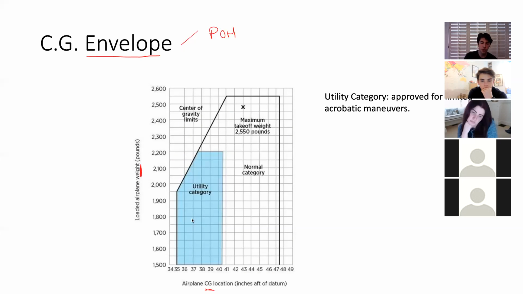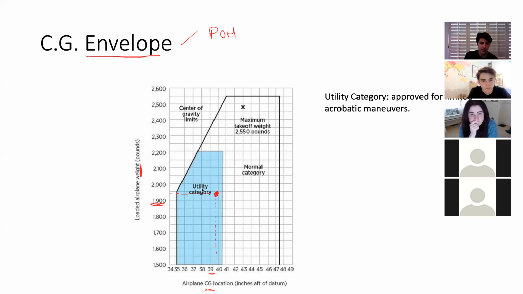In our example, we had 39.59 for the CG and 1,940 for the weight. You just come over to the weight, dot over to the CG, and mark in the envelope where the weight, the moment, and the CG location fall. And then it's going to tell you some information.